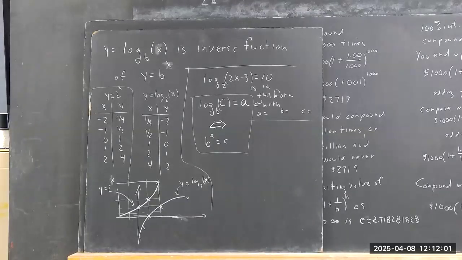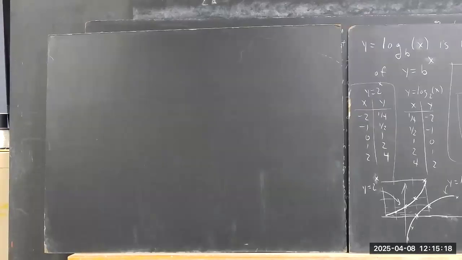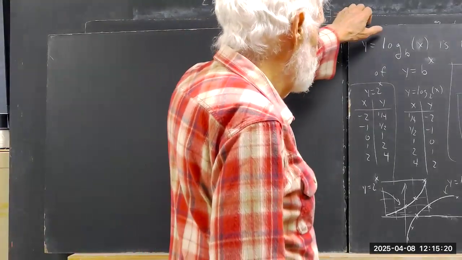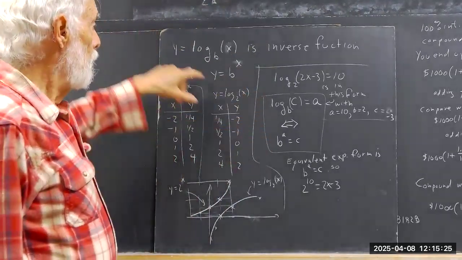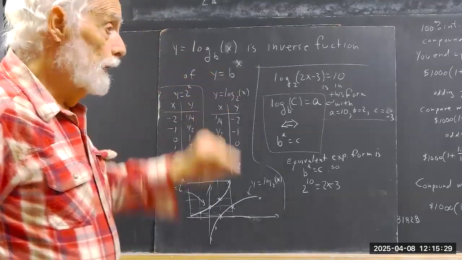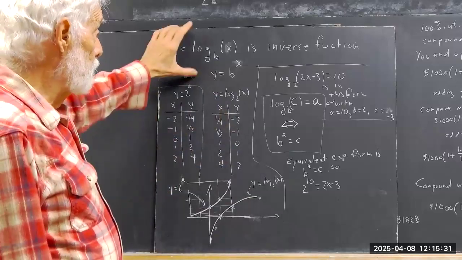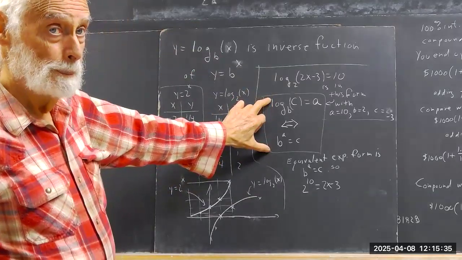Let's write that out. Okay, now this is very simple. If you remember this rule, which just comes from the fact that the log is the inverse of the exponential function. This is your basic premise, and this follows from the premise very quickly, okay?